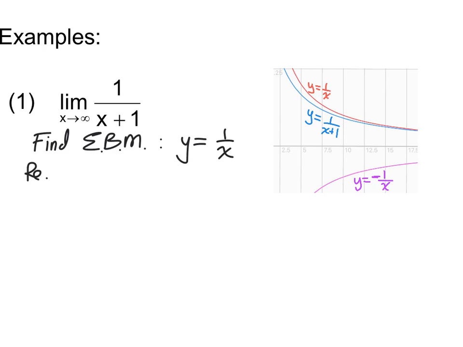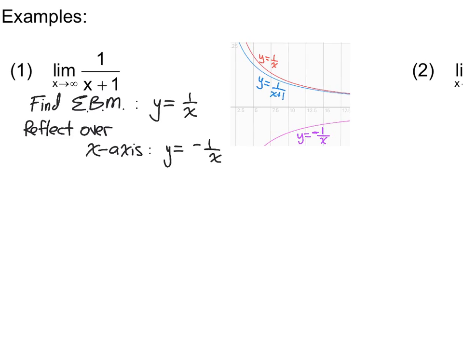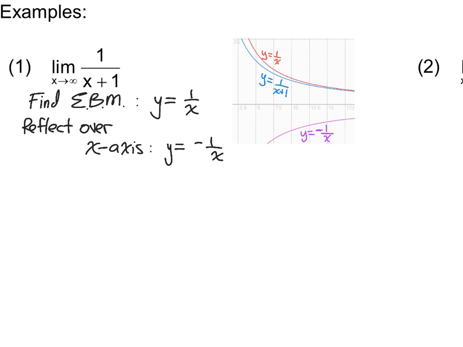So reflect over the x-axis. All right. That is the function, or the set of functions, that your original 1 over x plus 1 will be trapped in between. So I'm going to create an inequality.